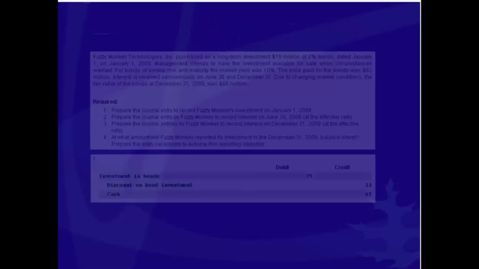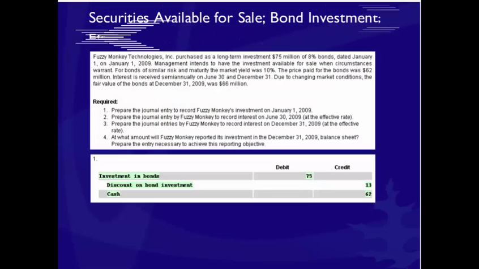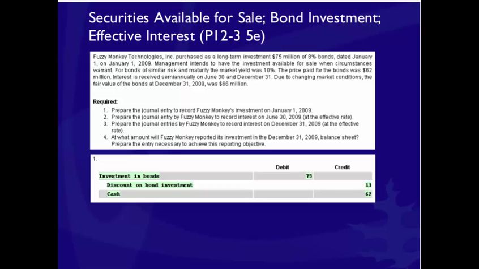objective. To record the entry on January 1st, we debit investment in bonds at the face value of $75 million, but then we also record a credit using the account discount on bonds payable, and we record that credit for $13 million, therefore bringing the net investment in bonds to the price paid, which was $62 million.